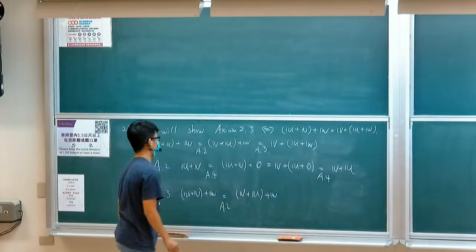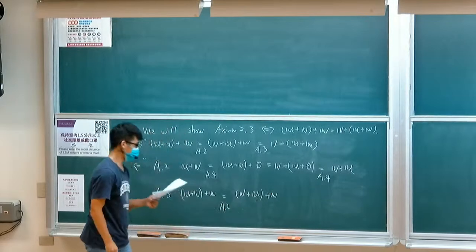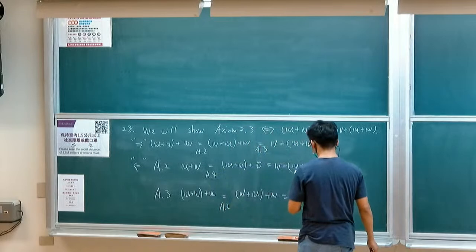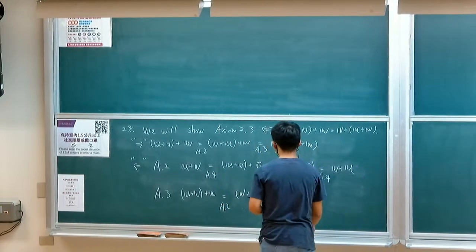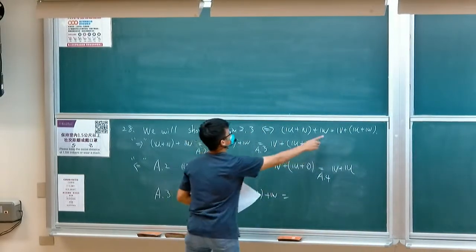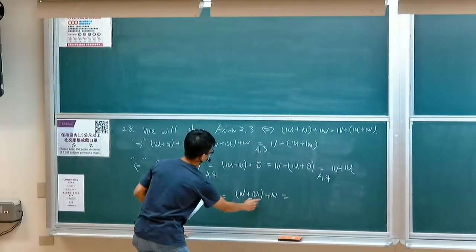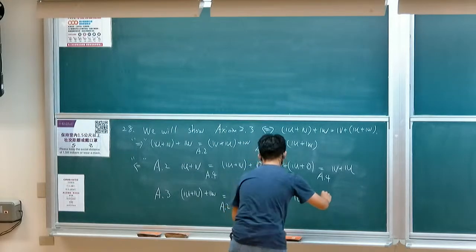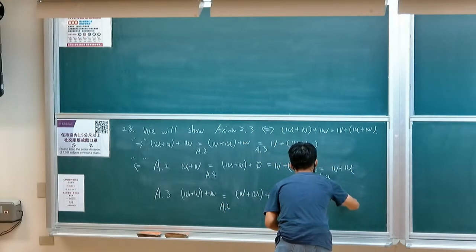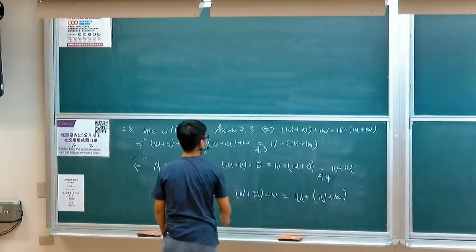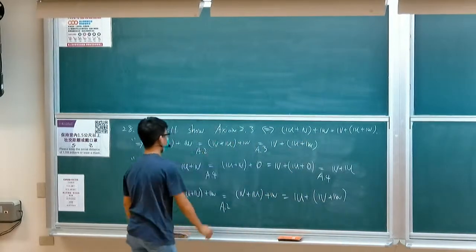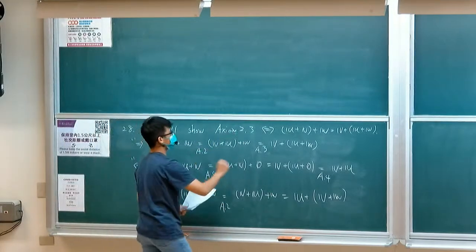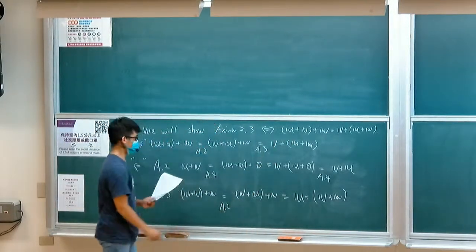This will become u plus v plus u plus w. Then again, by this equation, we take this out. So it becomes u plus w. So this new axiom can give us axiom 2 and axiom 3. So these two axioms are equivalent to this new axiom.